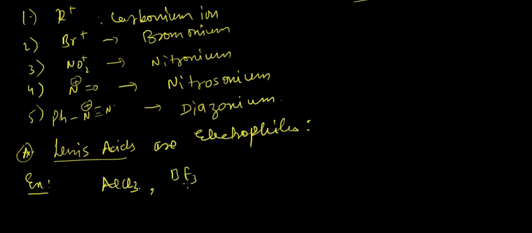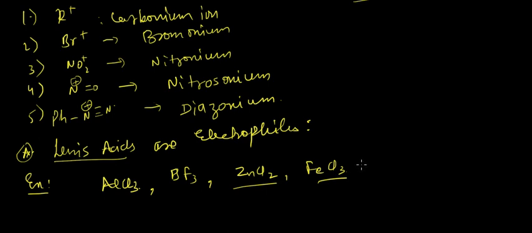BF3 is the same, it has an empty p orbital. Same for ZnCl2 and FeCl3. For now, if you don't know the hybridization of Fe or Zn, just leave it, and we'll see that part when we talk about configuration in our inorganic lectures.